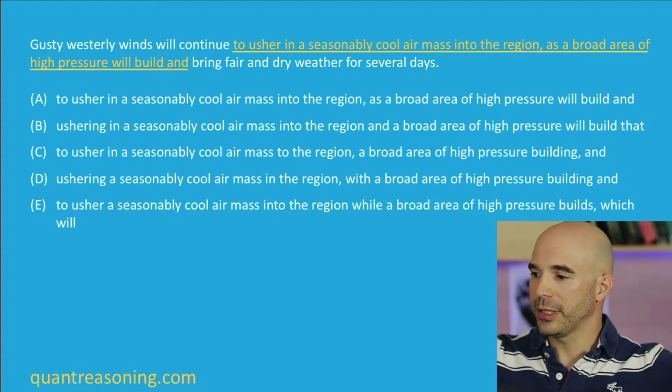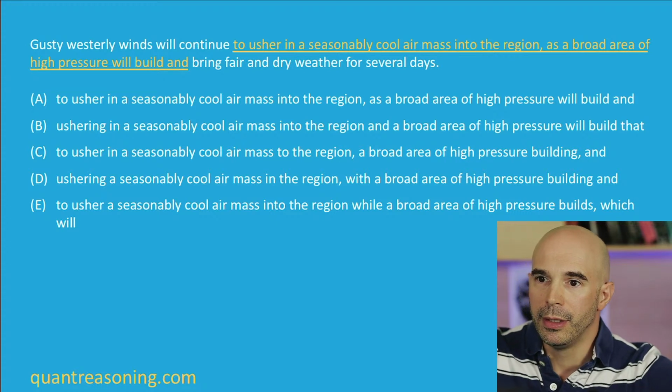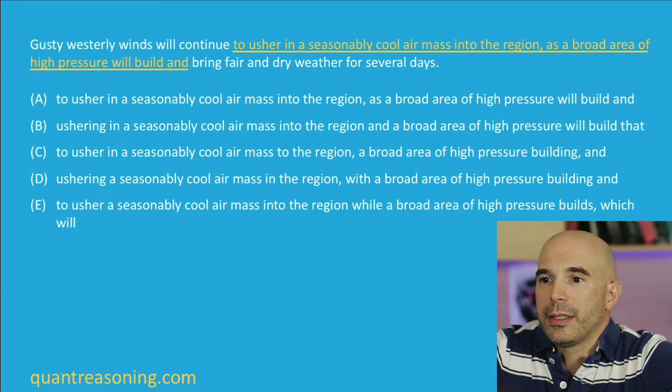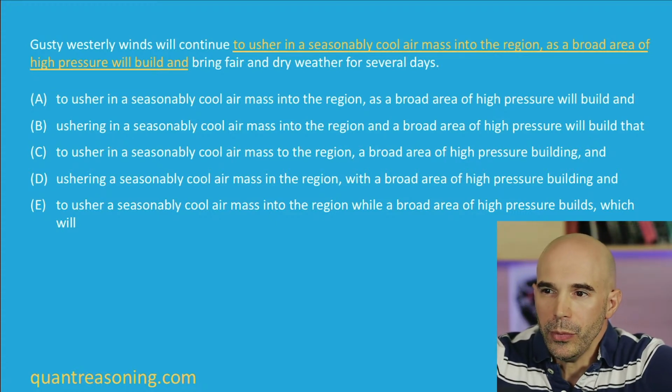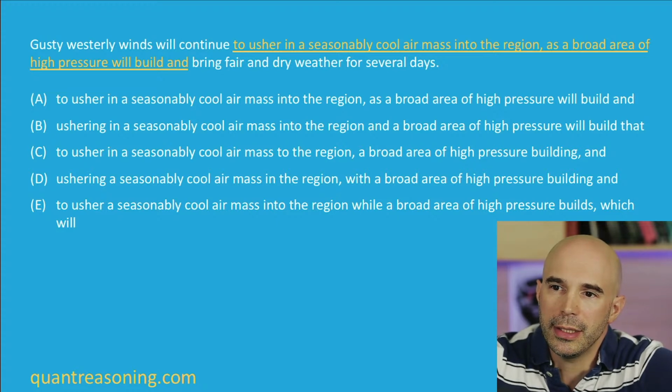Okay, let's read the original sentence slowly and thoughtfully as we do. Gusty westerly winds will continue to usher in a seasonably cool air mass into the region. And I'm going to pause there just briefly because something already struck me as redundant. Does anybody see it?